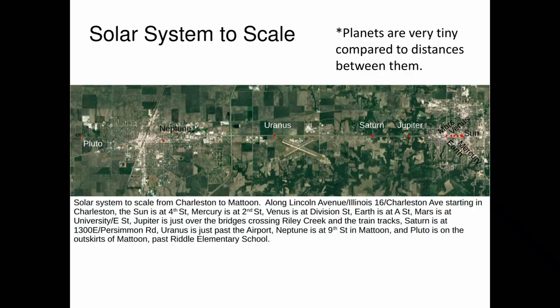And then as you're heading out towards Mattoon, you'll get Jupiter and Saturn before you hit the airport, Uranus a little bit past the airport, Neptune all the way in Mattoon, and then Pluto past Mattoon even farther out.